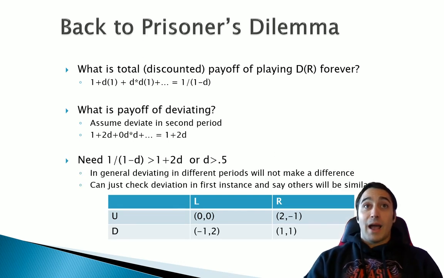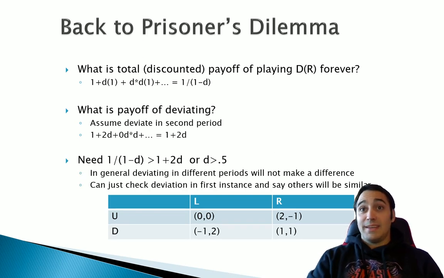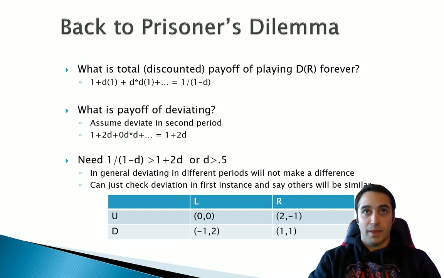You also might ask, well, what happens if I were instead to deviate in the second period? You'll notice if I deviate in the second period, I'd get the 1 from cooperating in the first period, plus 2 times delta, i.e. I didn't cooperate, plus 0 forever. Anytime you deviate in any period except for the first one, you're going to get a smaller payoff, right? 1 plus 2 delta should be smaller than 2, as long as our deltas are not super big.